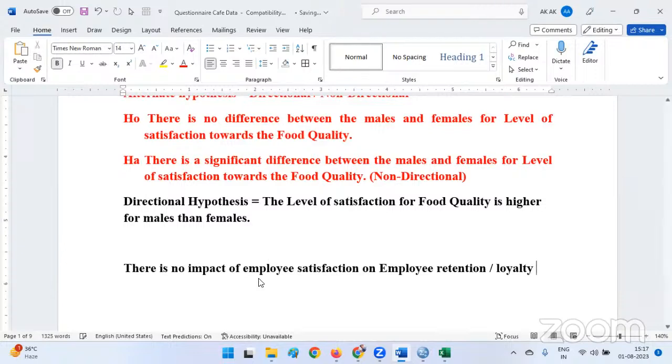We can say employee retention. This is the null hypothesis.